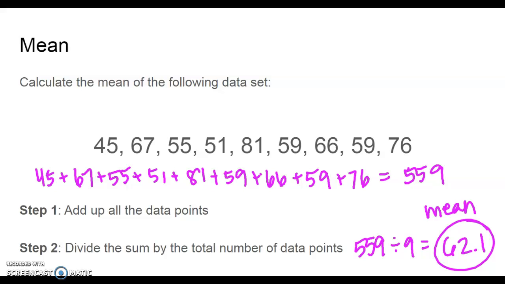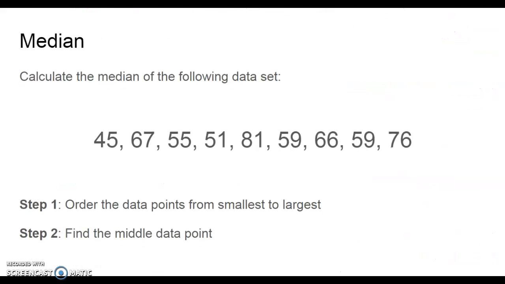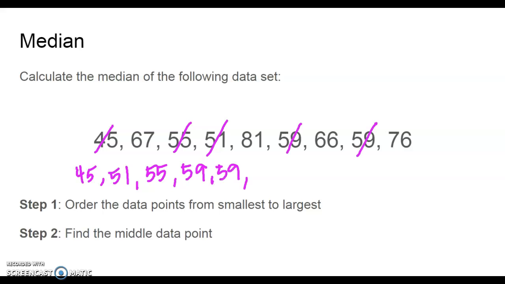Now let's take this same data set and calculate the median. So thinking about median, my first step now is to order all of my data points so that it goes from smallest to largest. So my smallest data point is 45. Then I have 51, 55. I have two 59s.